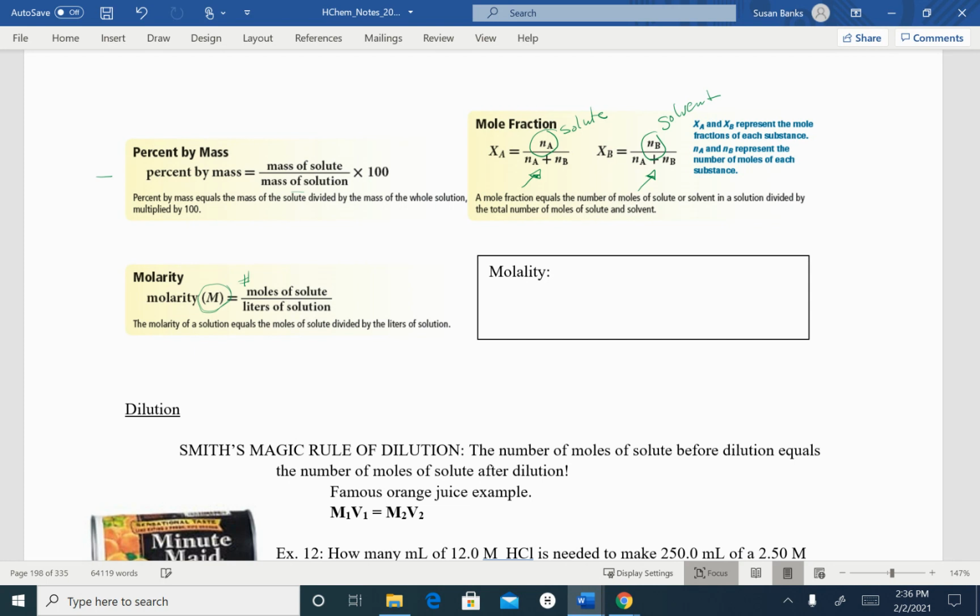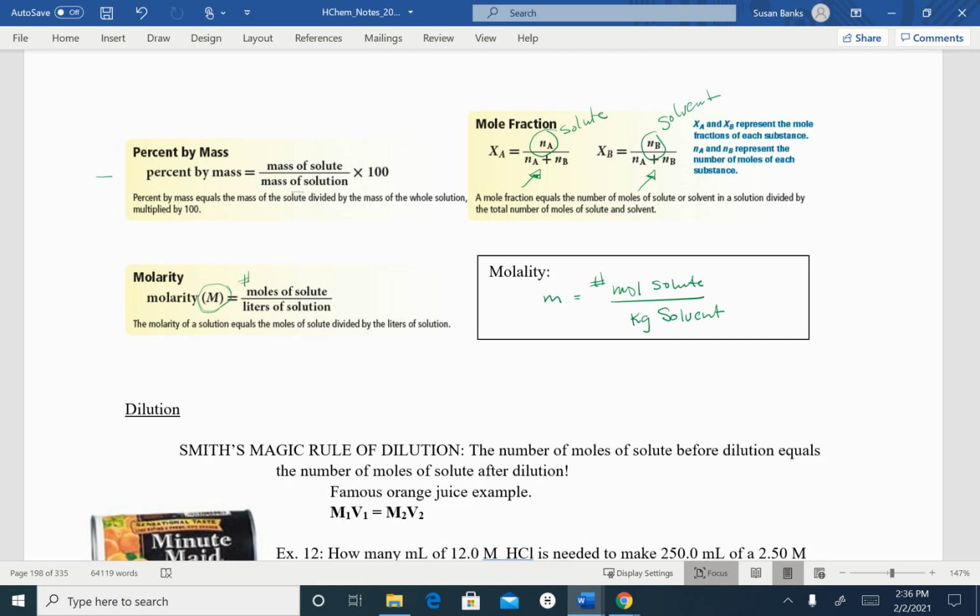And then molality, lowercase m, is equal to the number of moles of solute divided by kilogram of solvent. Okay, so those are the 4 main ways that we do concentration measurements in chemistry.